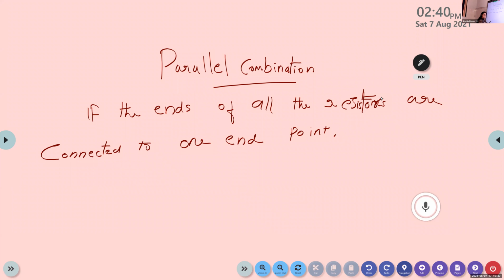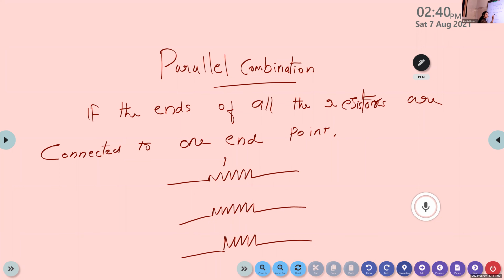Suppose we have three resistors, R1, R2 and R3. This is the conventional symbol that we use to represent resistors. So here we have three resistors, R1, R2 and R3.